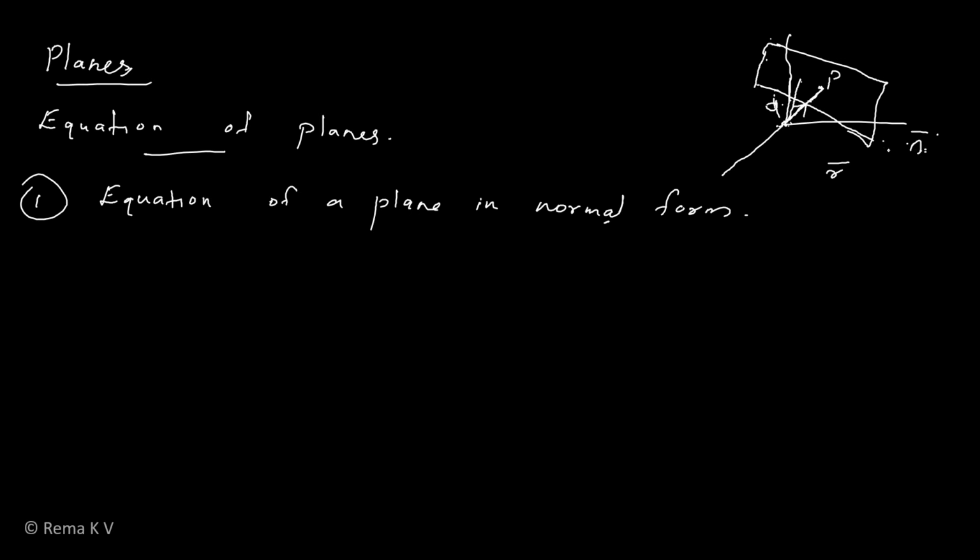Let that be N bar. This vector N is the perpendicular vector from the origin to the plane and D is the distance from the origin to the plane.